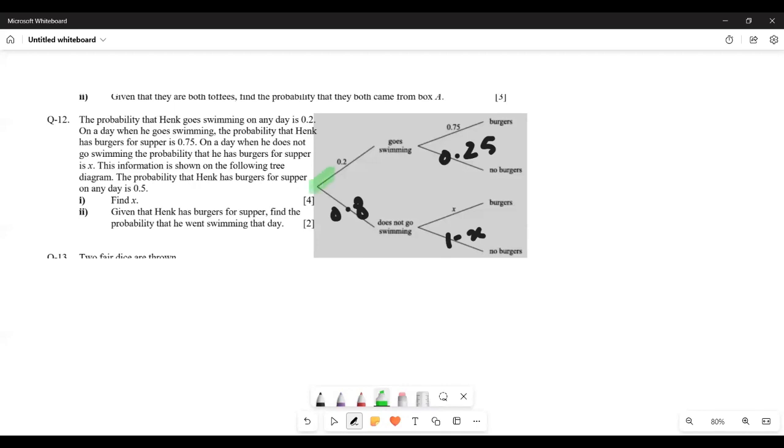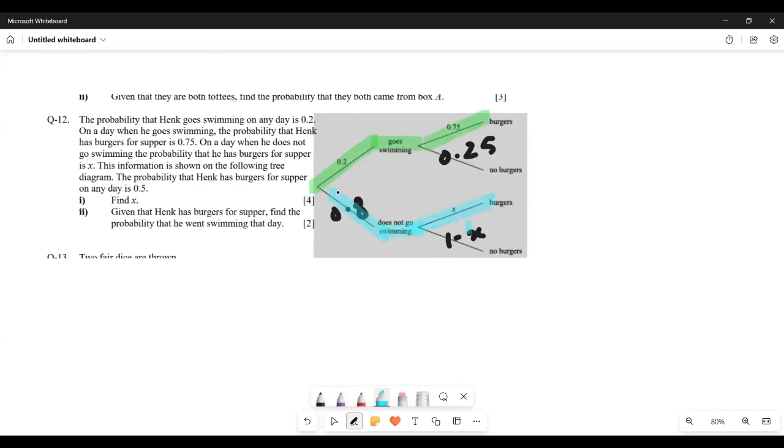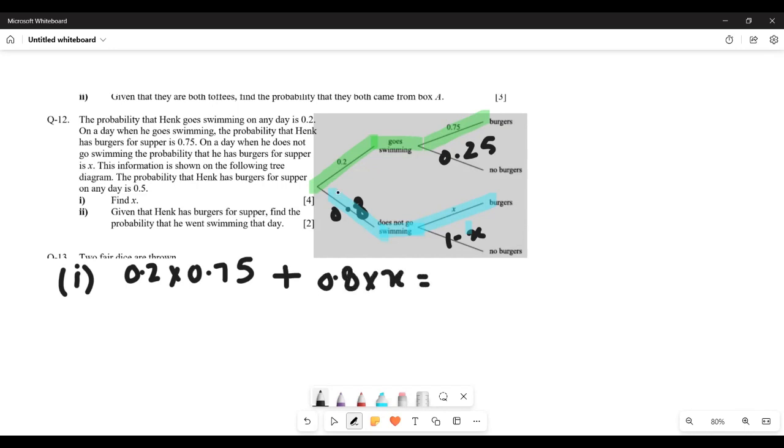So if he goes swimming and he eats burger, that's one of the cases. And if he doesn't go for a swim and still eats a burger, that's the second case. So we multiply and add these probabilities. So part 1. 0.2 times 0.75 plus 0.8 times X. And we're given the answer for this.